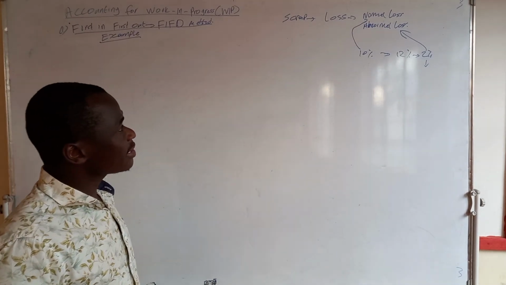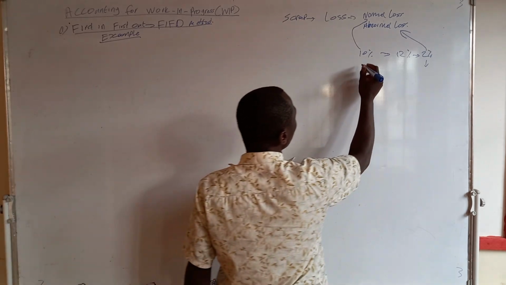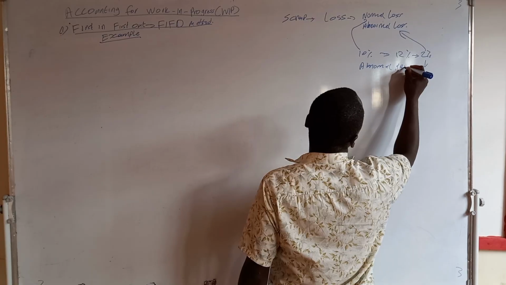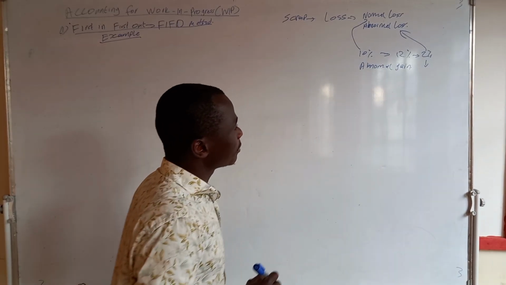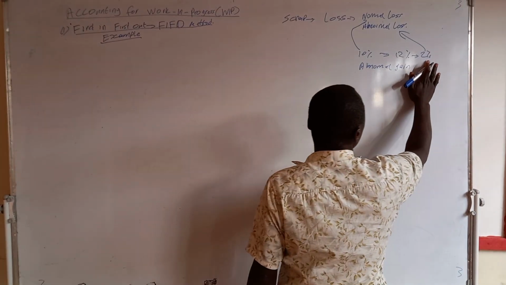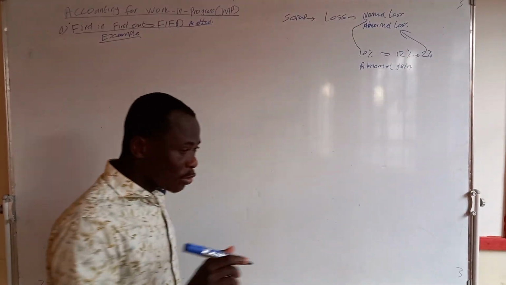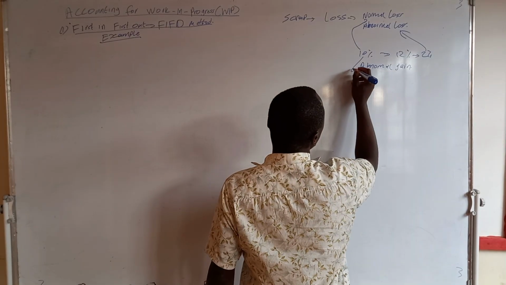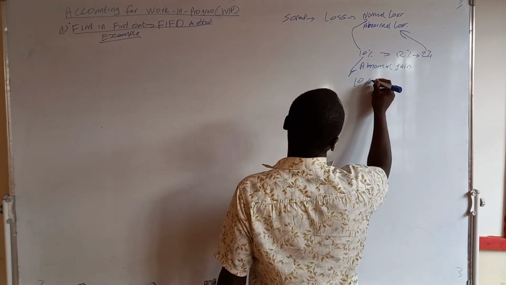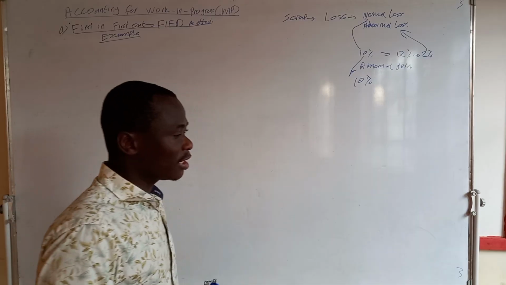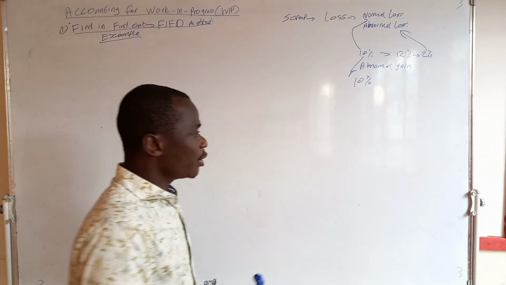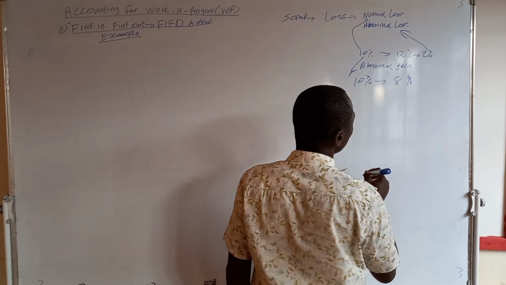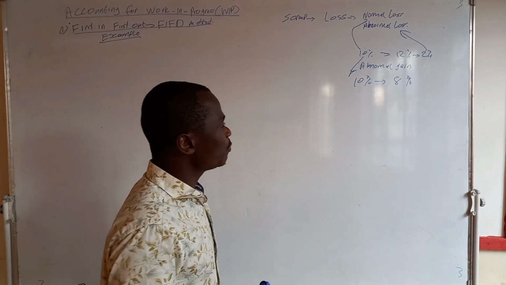But there's also what we call abnormal gain. What is abnormal gain? Abnormal gain does not mean you don't incur a loss. It simply means you expected a loss of 10%, but you ended up having a loss of 8%.